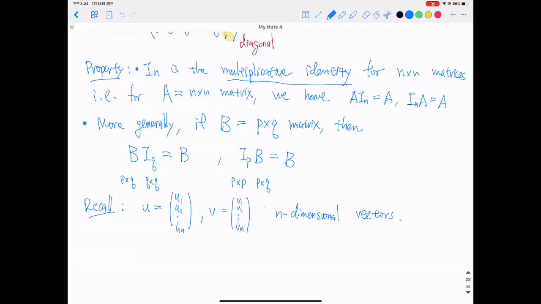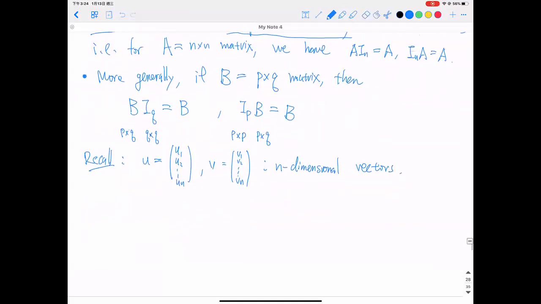Now for any two n-dimensional vectors like these, we have the scalar or dot product u dot v, defined to be u1 v1 plus u2 v2 up to un vn. Right, this is a number.